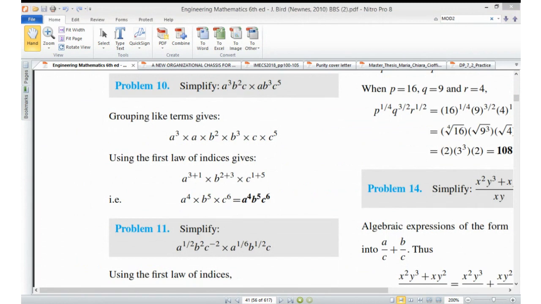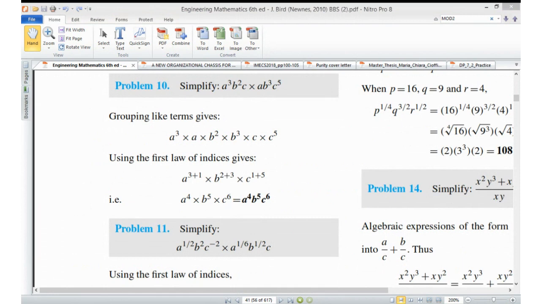Problem 10 is an example that requires some simplification based on the rules of indices. So we are saying, you're given this to simplify: a raised to power 3, b raised to power 2, and c.